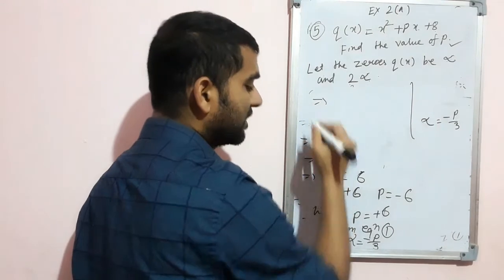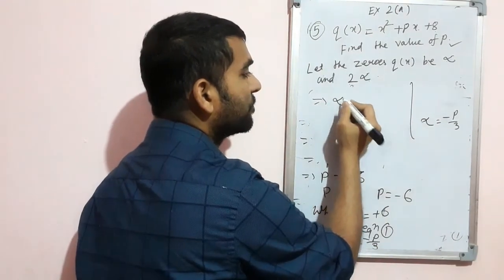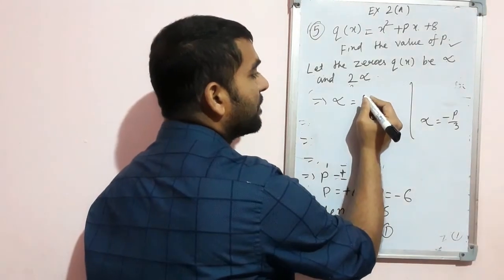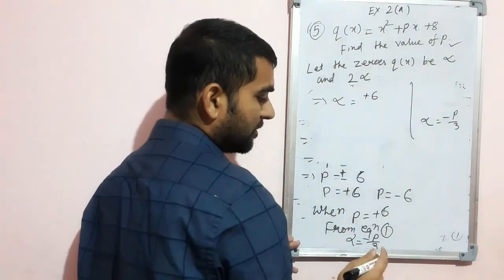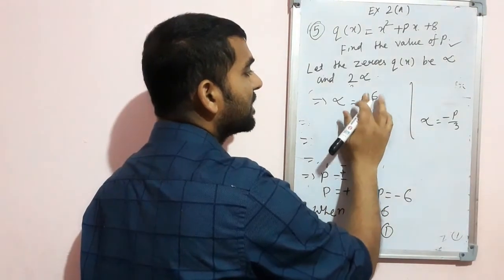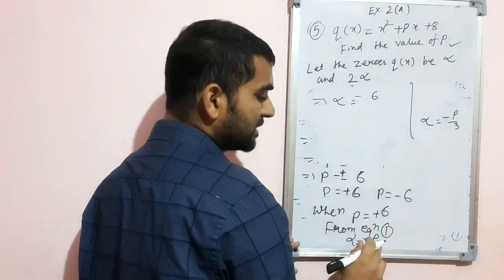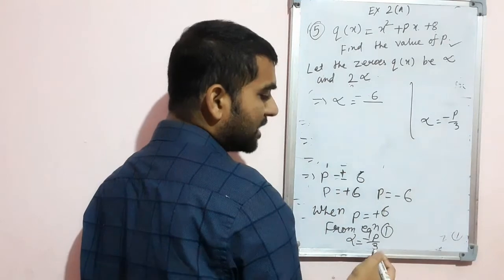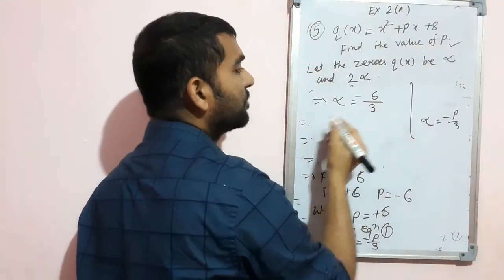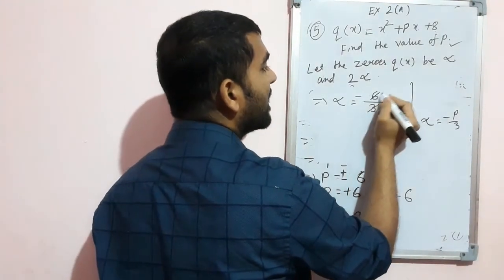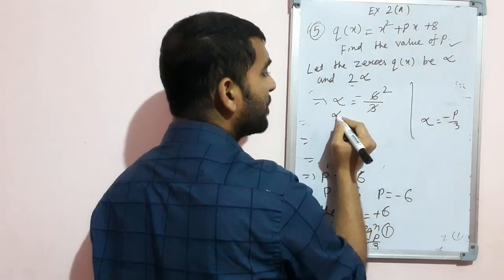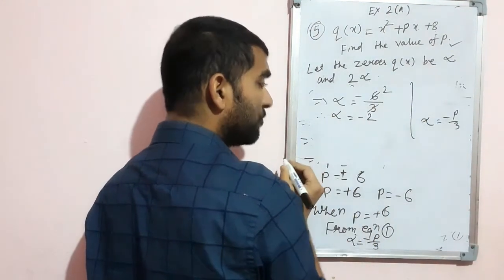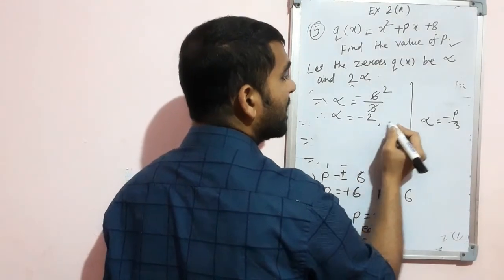Next step, alpha equal to minus p. At the place of p we have plus 6, so we write minus 6 divided by 3. 3 2s are 6. So alpha we got as minus 2. Here you have to find the value of 2 alpha also.